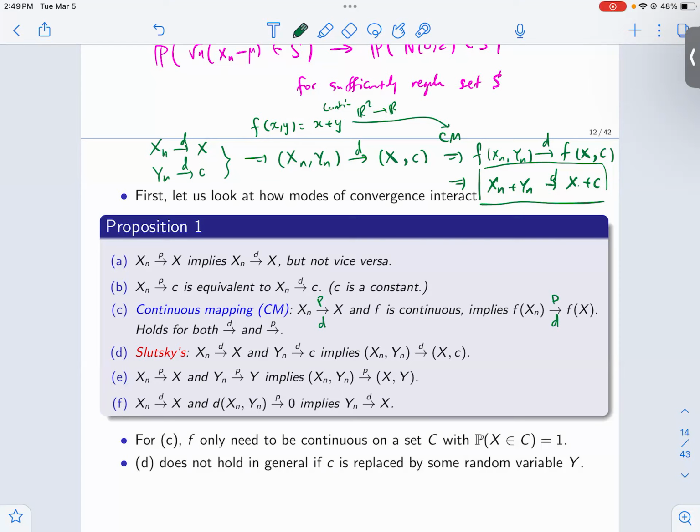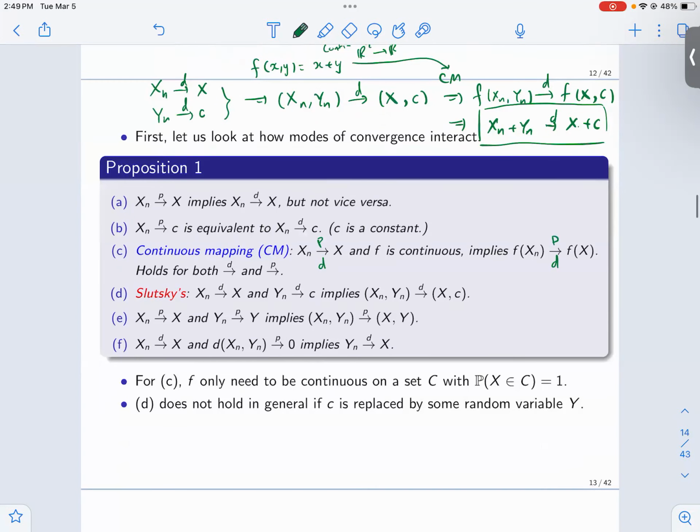And finally, if Xn converges in distribution to X, and you have another sequence Yn whose distance to Xn converges to 0, then Yn is going to converge to X in distribution as well. This distance has to converge in probability to zero, or in distribution, because convergence to a constant is equivalent.